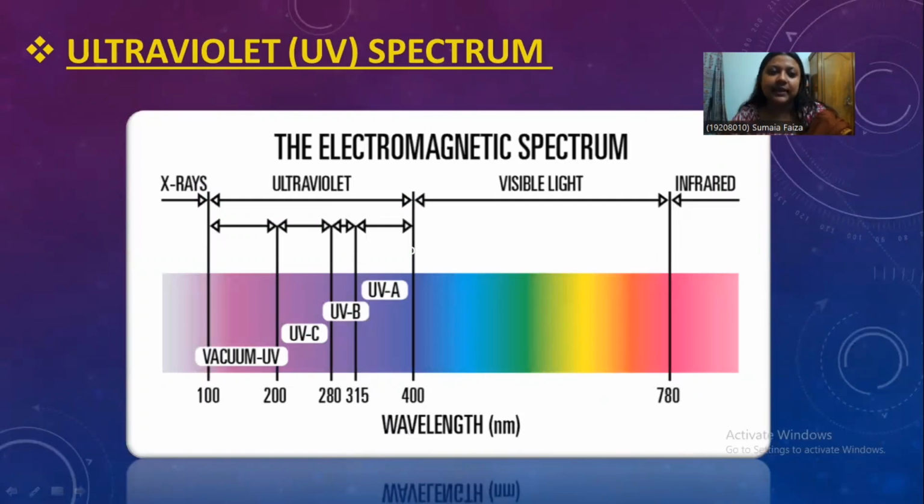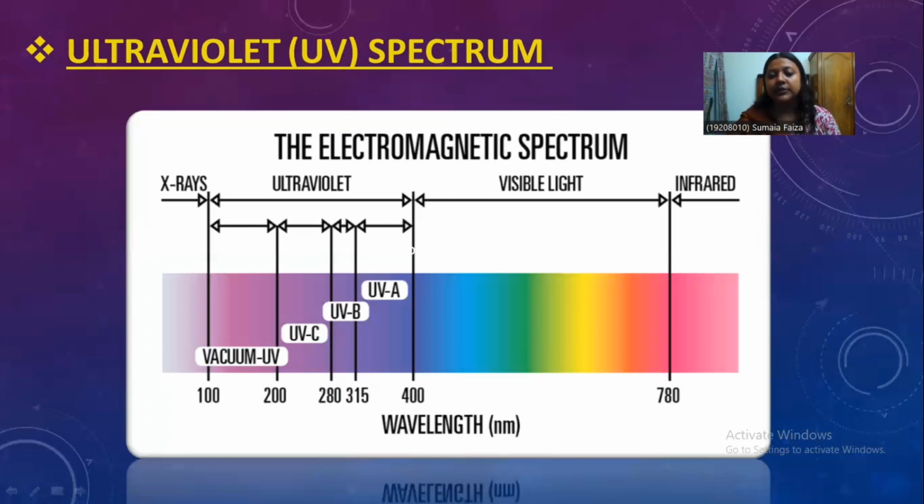Here is our second slide, where we describe the ultraviolet spectrum. At first, the X-ray electromagnetic spectrum has a wavelength of 100 nanometers, and after that vacuum UV has 200 nanometers, and UVC 280 nanometers, and UVB 315 nanometers, and from UVA it goes up to 400 nanometers.